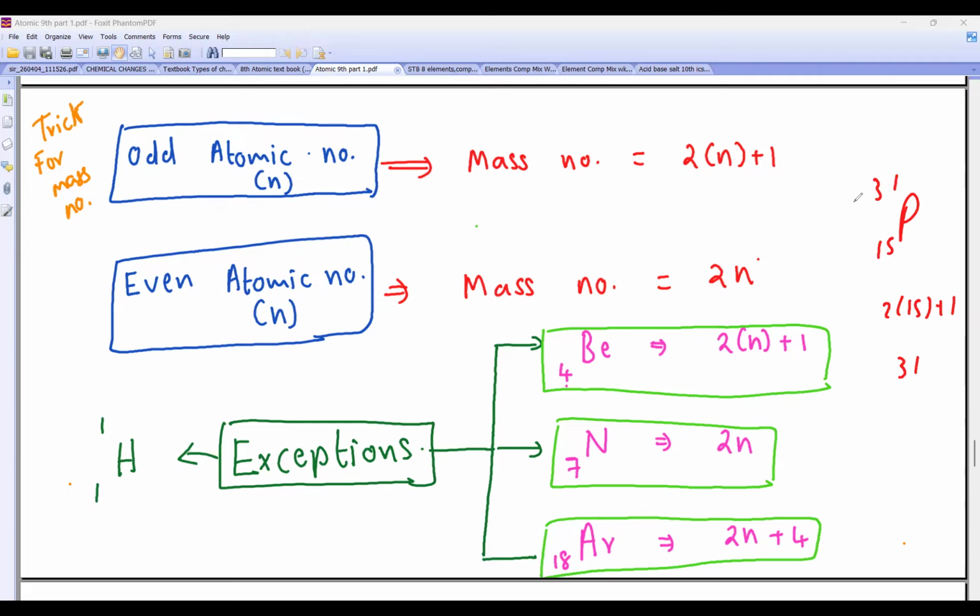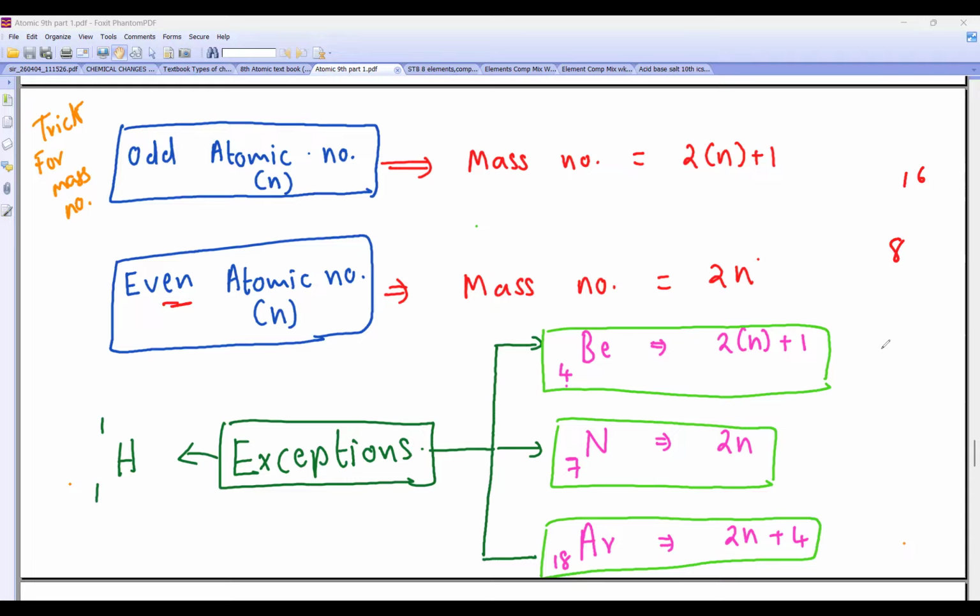Once you know the mass number, can you find neutron number or not? If your atomic number is even, then mass number will be 2 times the atomic number. Let me tell you, oxygen atomic number is how much? So what will be your mass number? 16. Right, beta? Are you getting it?